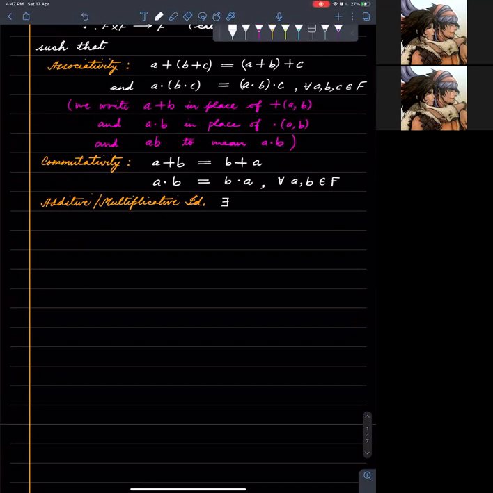There exists an element 0 in F and an element 1 in F, such that 0 plus A equals A, and 1 dot A equals A, again for all A in F.